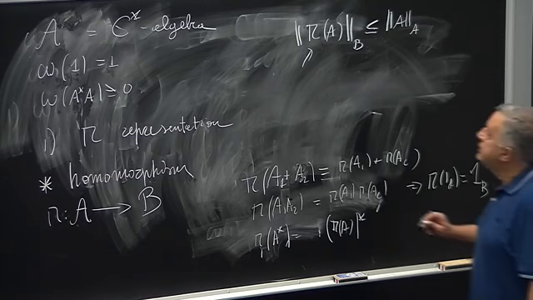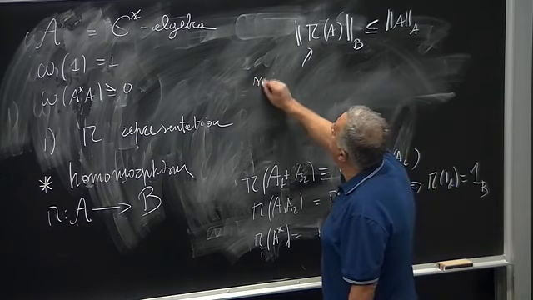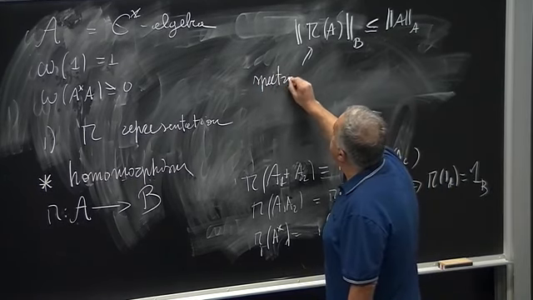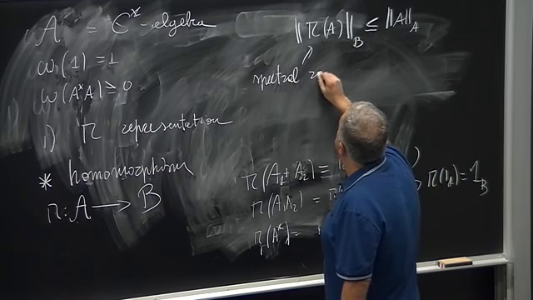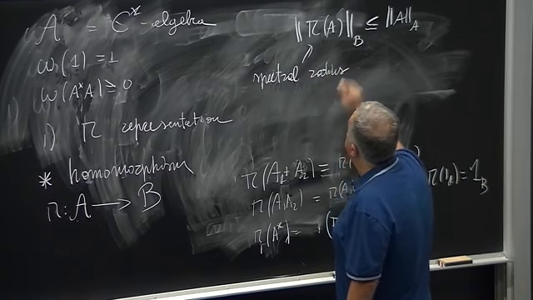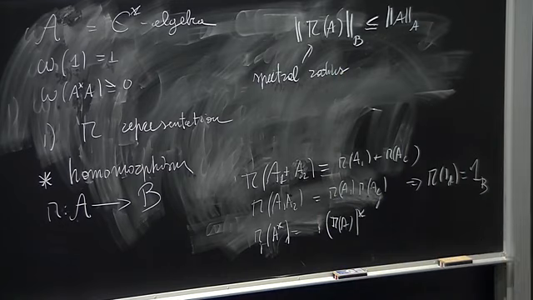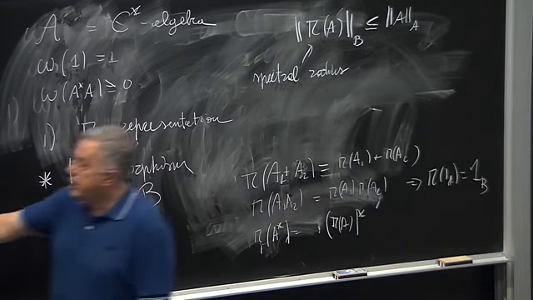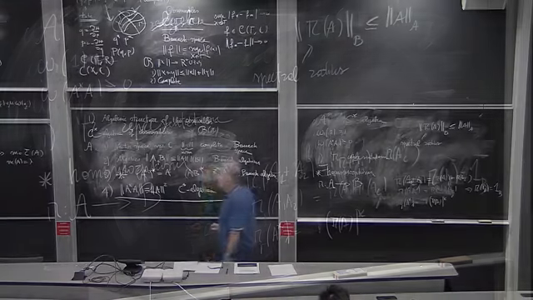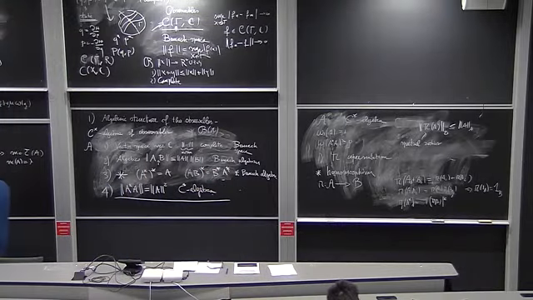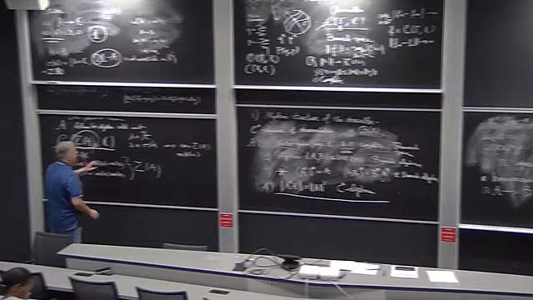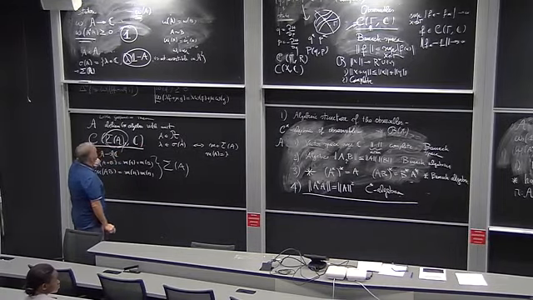The proof of this formula is based on an important formula which is called the spectral radius. And you see here why the C star property is strong. Here we have defined the spectrum.